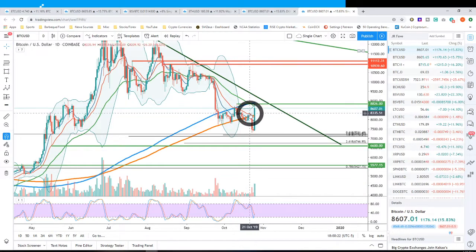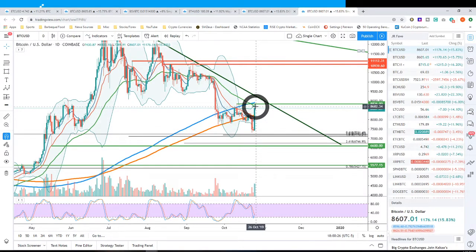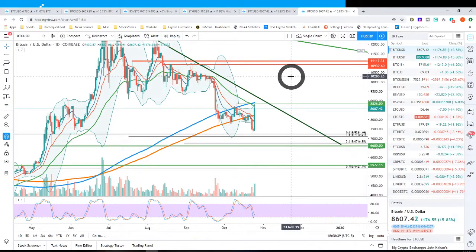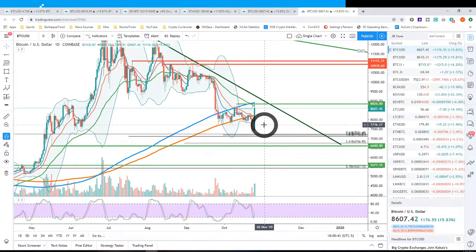Now, I wasn't expecting a straight up shot like this. I'll be honest with you, I really wasn't. I was expecting something more along the lines of going more sideways to up and then break through. But it is what it is.